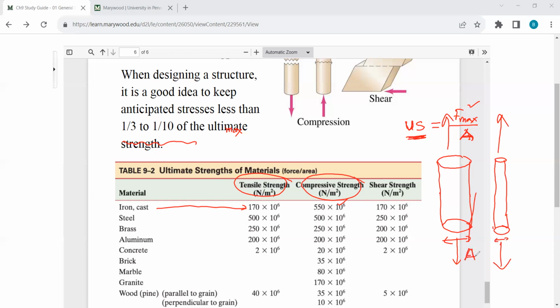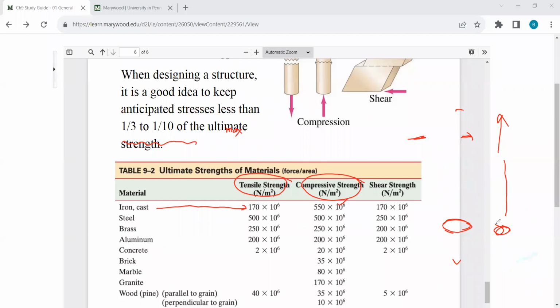Because the cross-sectional area is higher for this object, the F max will be higher than this one. All right, so that's the ultimate strength.